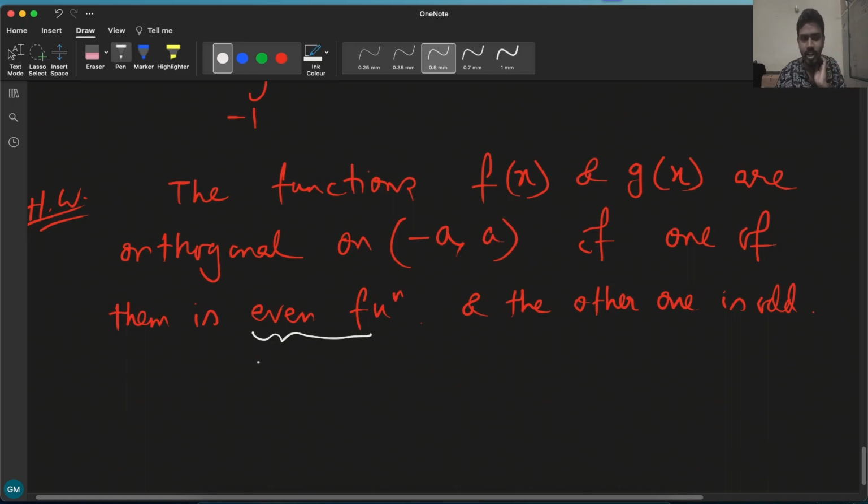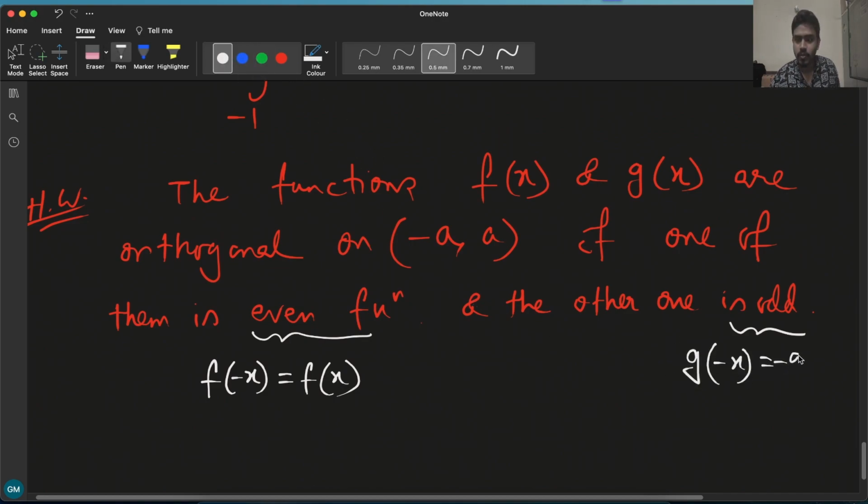But for the time being, let's say f(x) is the even one, so it means f of minus x equals f(x). And for odd function, let's say g(x) is the odd one, and g of minus x will be minus of g(x).